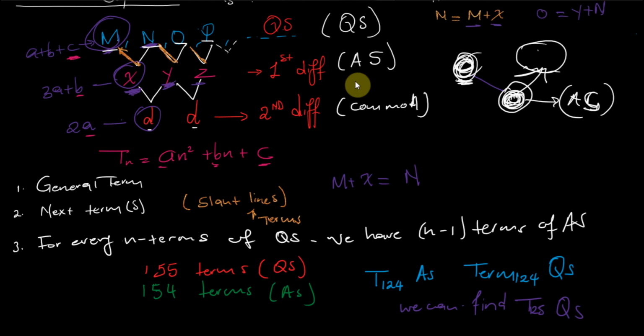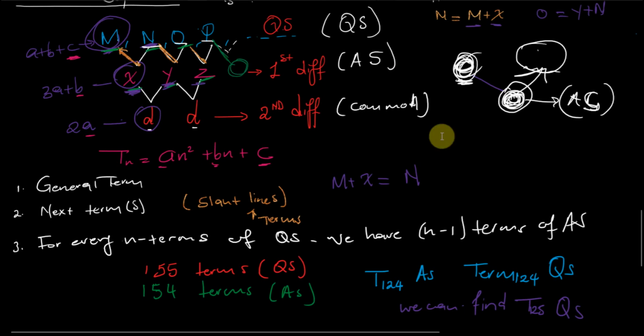Also, I want you to look at something interesting. See that term 1 for a quadratic sequence and term 1 of an arithmetic sequence are more like in diagonals. Term 2 is in diagonal to term 2. Term 3 is also in diagonal. So term 4 will be diagonal with this one.